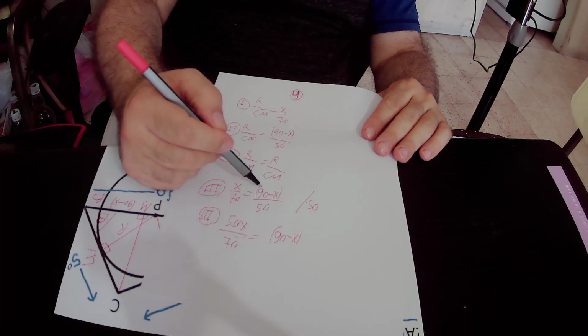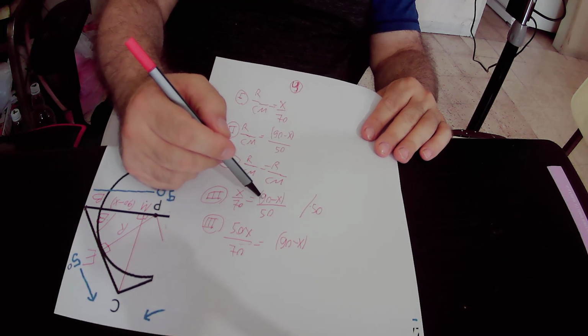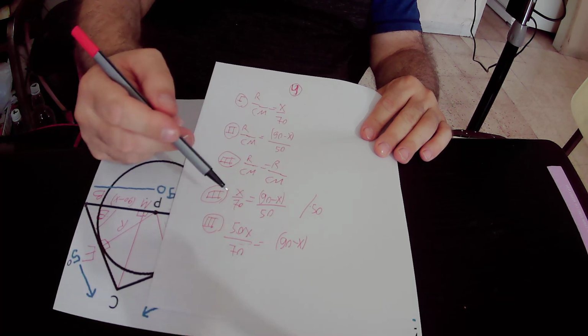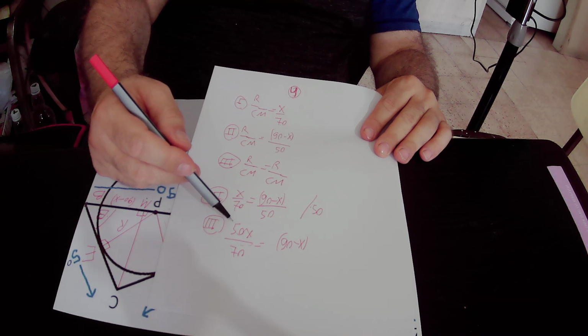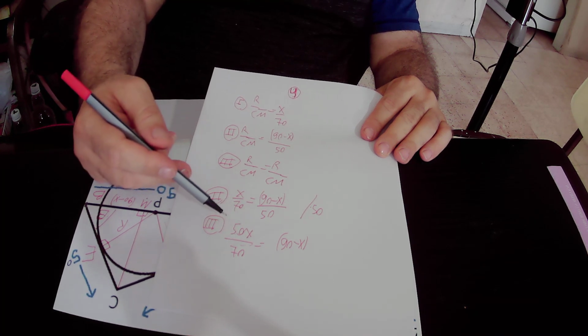So 50 is cancelled from this expression, and we are left only with 90 minus x. And x over 70 times 50 equals 50 times x over 70.